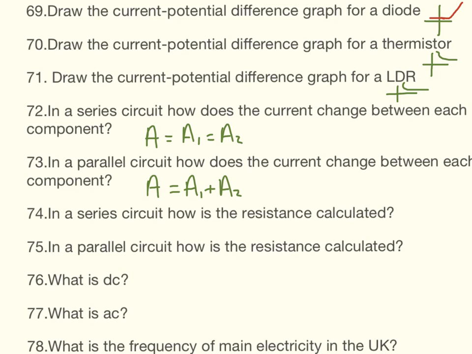So in a series circuit, the resistance is going to be the sum of all of the components. But in a parallel circuit, it's going to be different.